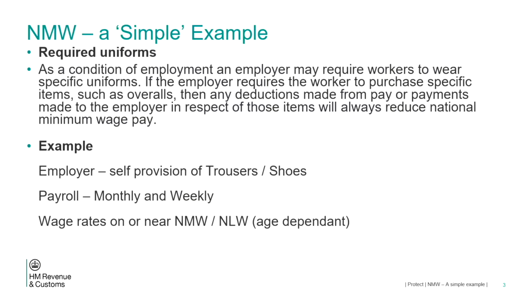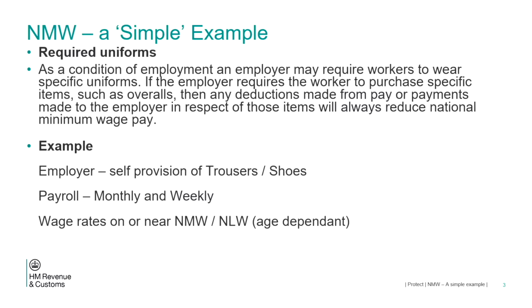Okay, minimum wage, a simple example, required uniforms. So what we've got here is we've got an employer and they specify in a contract that you must wear a specific type of trousers and shoes, but they don't provide those trousers and shoes, so you have to provide them. So the minimum wage rules, you can see up there, if the people are required to wear specific uniforms, the employer doesn't have to provide them, but if they provide them, there's not a minimum wage implication.